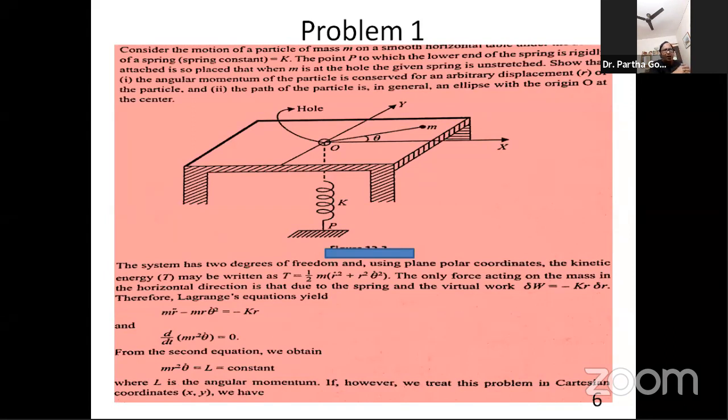Well, I have not written it, but I can explain verbally.